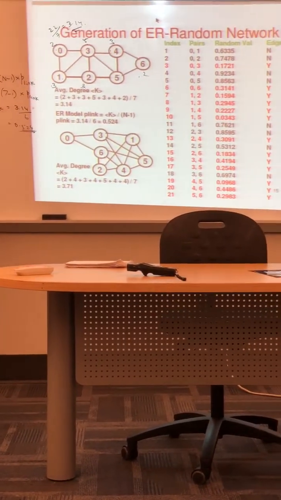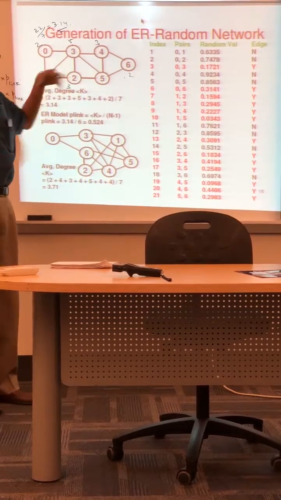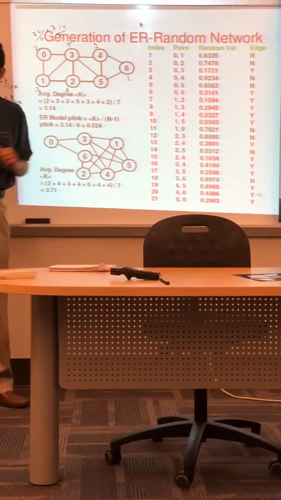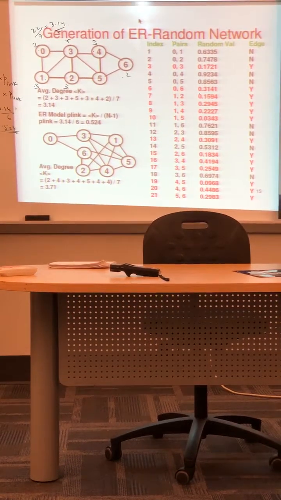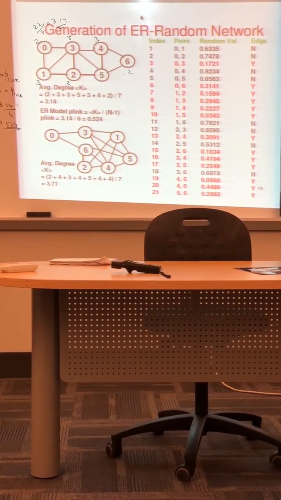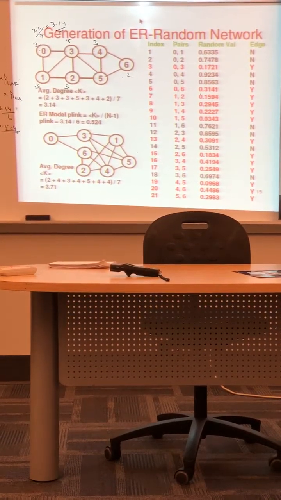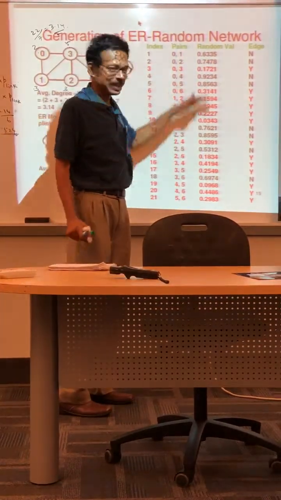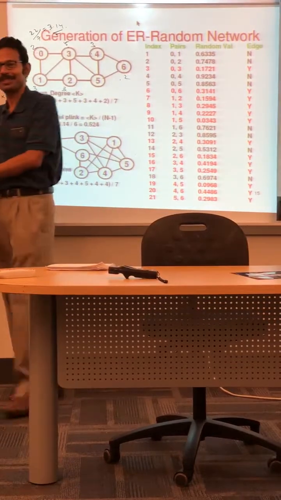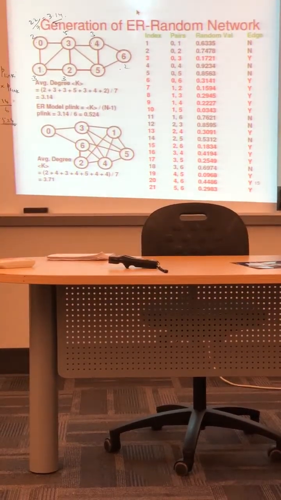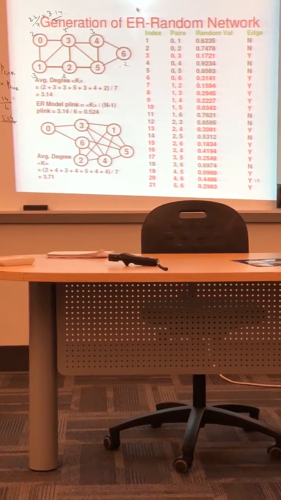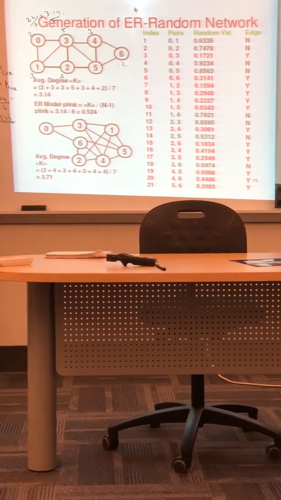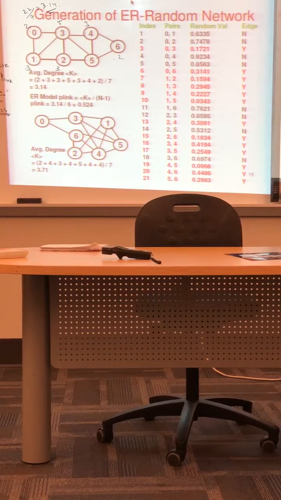So if I give an exam with this as a given network, each one should ideally get different random networks. Okay? So this is another way of finding whether we copied or not, right? Because if two people write the same set of edges, it's very unlikely that you got the same set of random numbers.